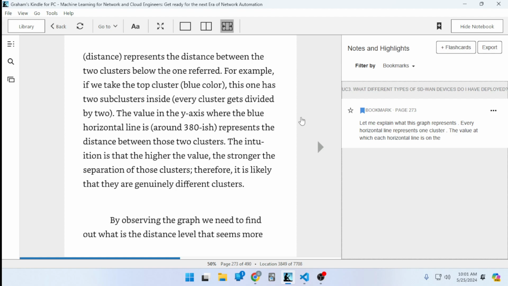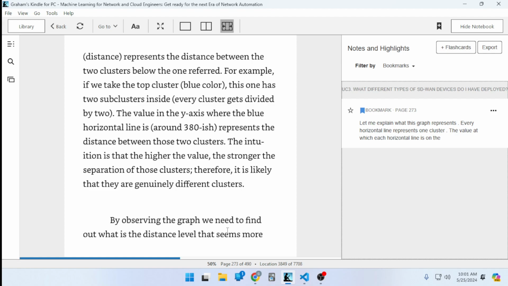Every cluster gets divided by 2. The value on the y-axis, where the blue horizontal line is, around 380-ish, represents the distance between those 2 clusters. The intuition is that the higher the value, the stronger the separation of those clusters. Therefore, it is likely that they are genuinely different clusters.